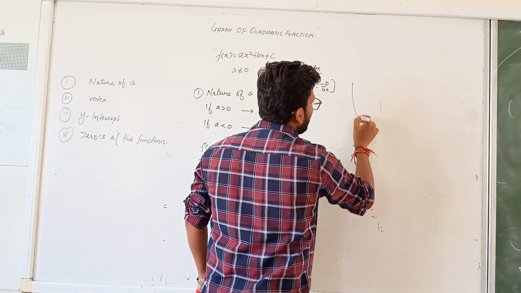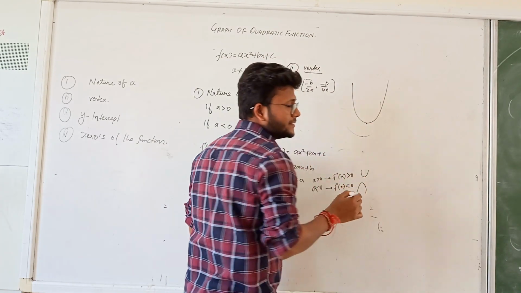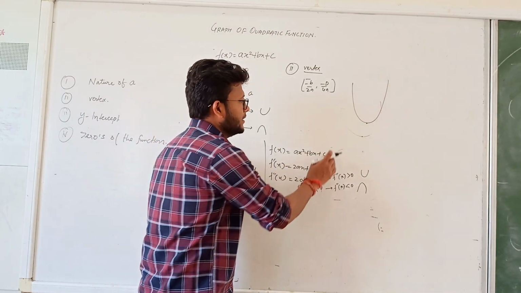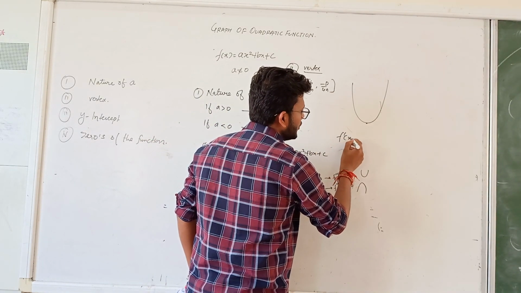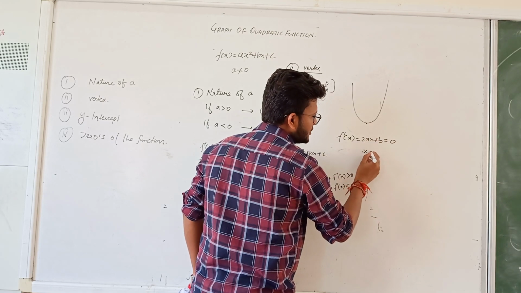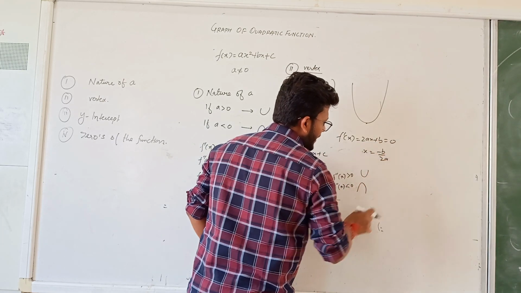We know that at the vertex, the slope of the tangent is 0. Setting the slope of the tangent 2ax + b equal to 0, we get x = -b/2a.